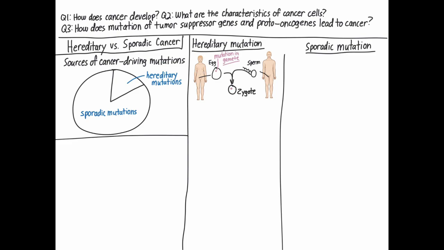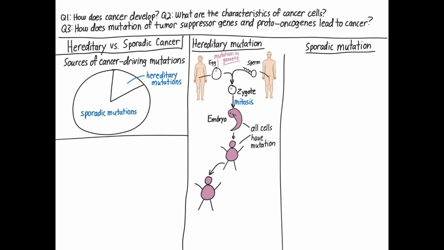Since all cells of an organism are derived from the zygote via mitosis, all cells of the embryo, and eventually the individual, will have that mutation. Usually, one mutation is not enough to cause cancer, but the existence of one mutation in all cells means that one less mutation is needed for cancer development. And this increases the chances of cancer occurring.